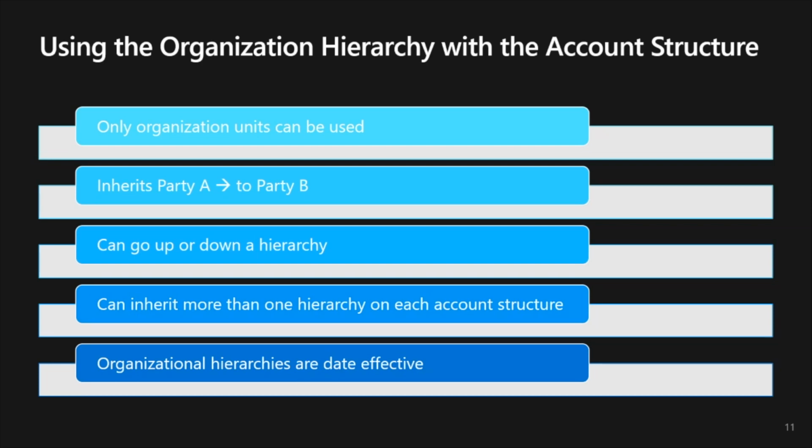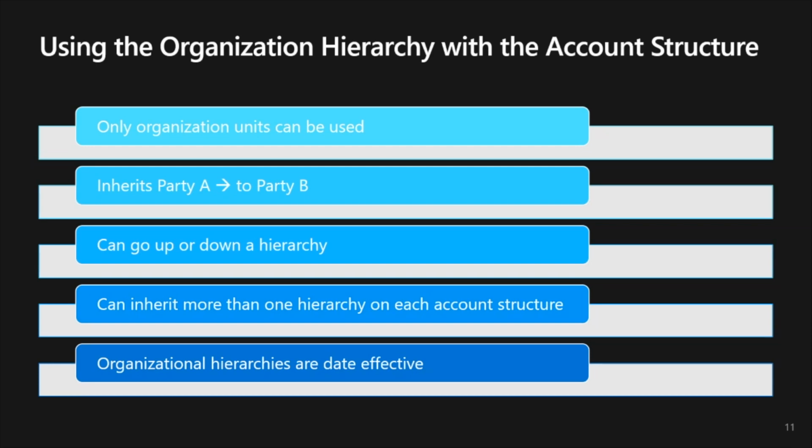In this example, you can do one of two things. Create multiple hierarchies for each department, defining the allowed business units underneath, or create one hierarchy for each business unit, defining the departments that are allowed underneath.